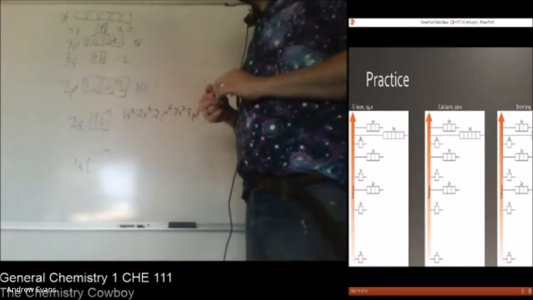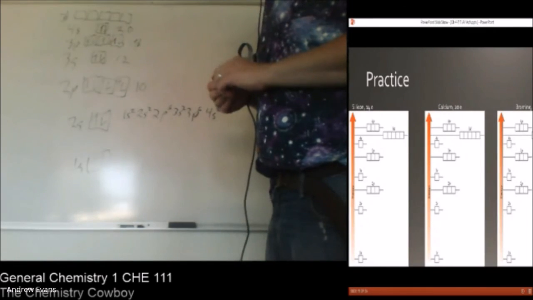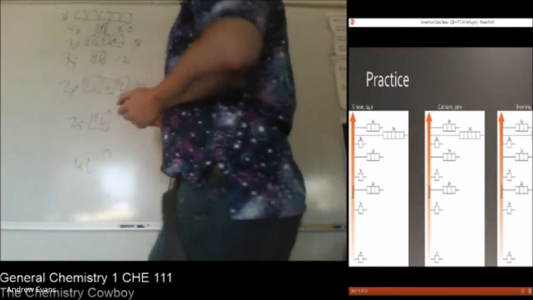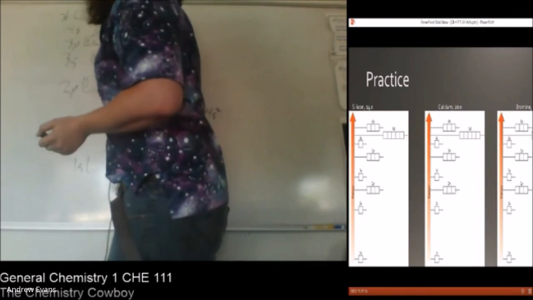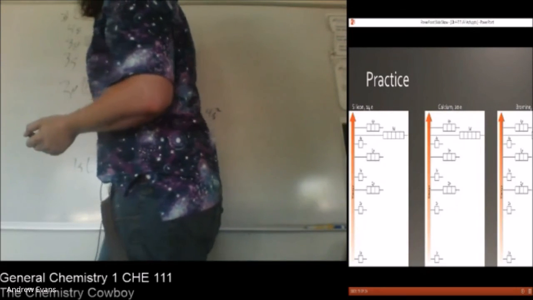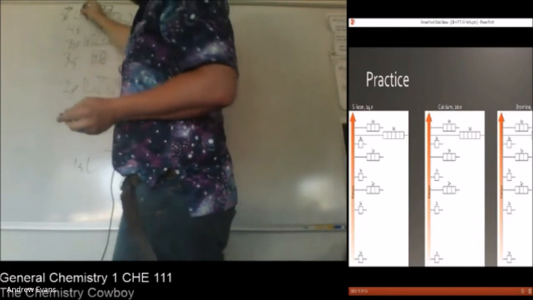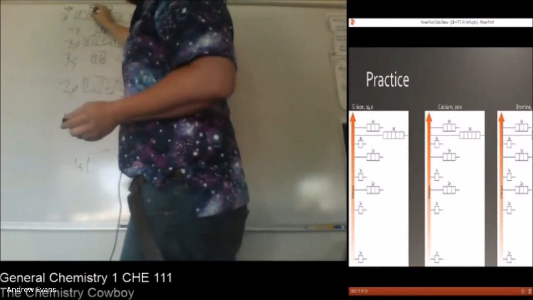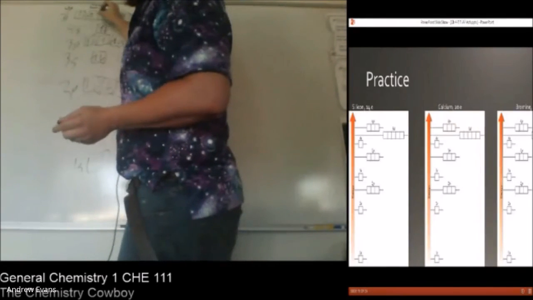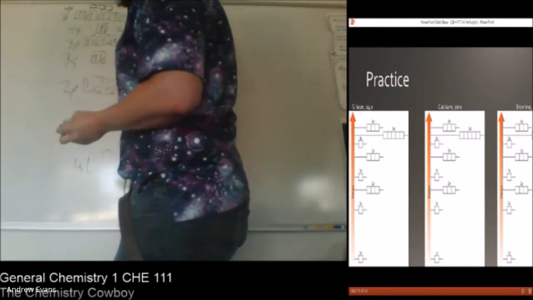Finally, bromine. Bromine adds another 15 electrons onto this. I have to have a p up there. I hope you guys can read this, but if not, I'm sorry. 1, 2, 3, 4, 5, 6, 7, 8, 9, 10 puts us at 30.